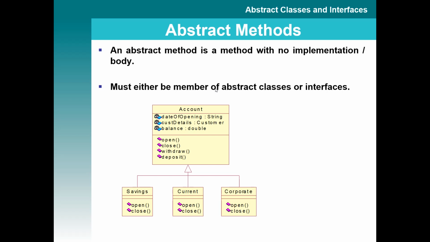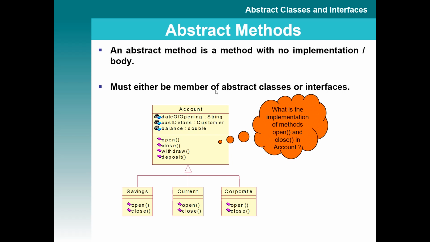But the exact procedure or logic for opening and closing is completely different for savings, completely different for current, and completely different for corporate accounts. But nevertheless, we do have these open and close methods in the account base class.